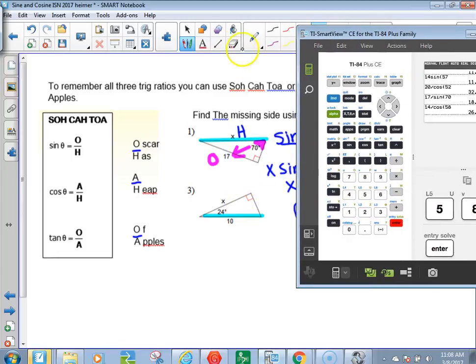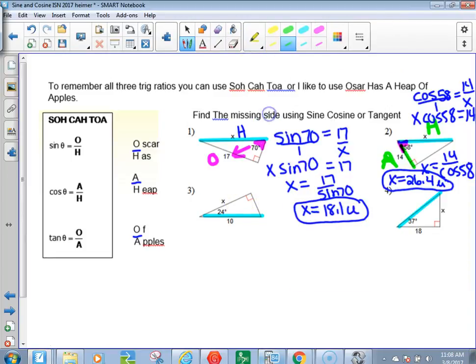All right, what about the next one? Coming from 24 degrees, the hypotenuse is labeled in blue. And then right next to it is the other side that has a label on it, and it's the adjacent side. So adjacent and hypotenuse again. That one's another cosine. So the cosine of 24 equals adjacent leg x over hypotenuse 10.